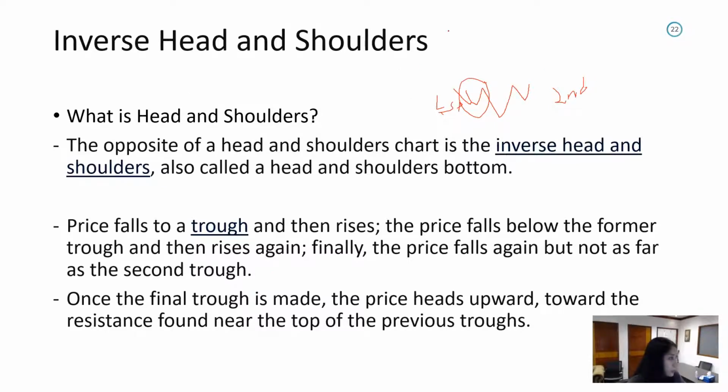So let's see how we can see the direction of our inverse head and shoulder movement. The price starting from here goes down to the support level and goes up again like a small bounce to the resistance level. Then from the top it goes all the way to the bottom for a huge retracement compared to the previous retracement, and it bounces up again to the same resistance level here.